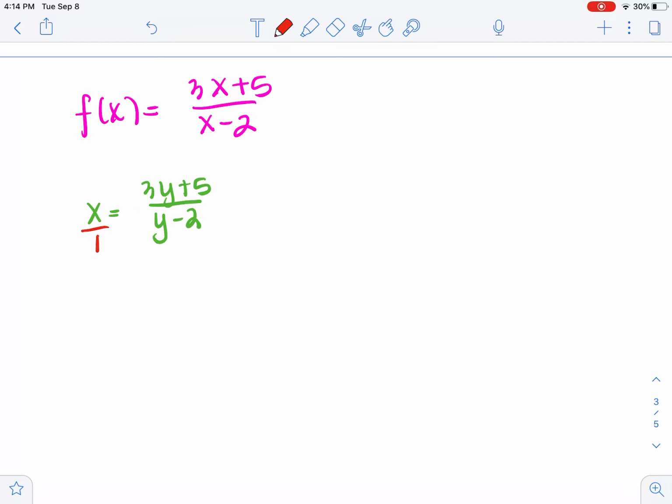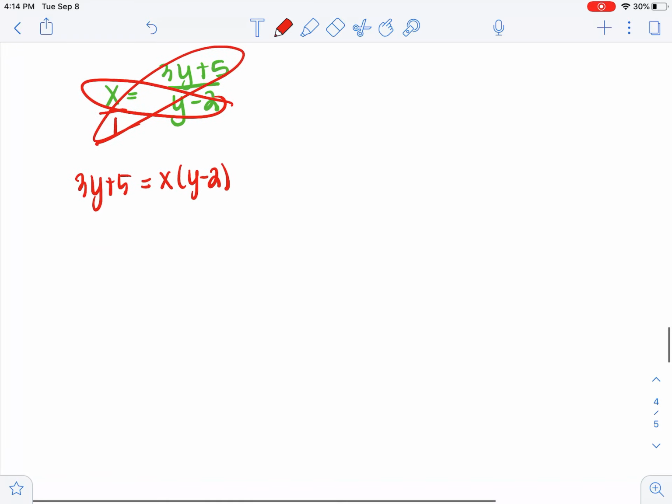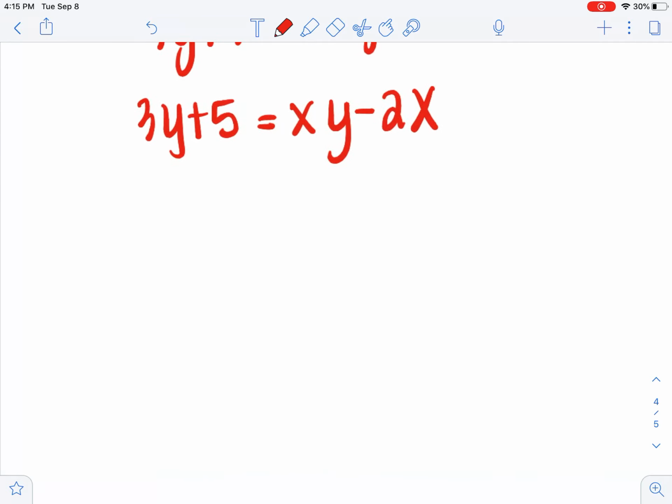Now you're going to cross multiply to start to expand this. 1 times 3y plus 5 is 3y plus 5. Then I have x times y minus 2, and I need to distribute that. So if you skip this step right here and automatically distribute, great. xy minus 2x.